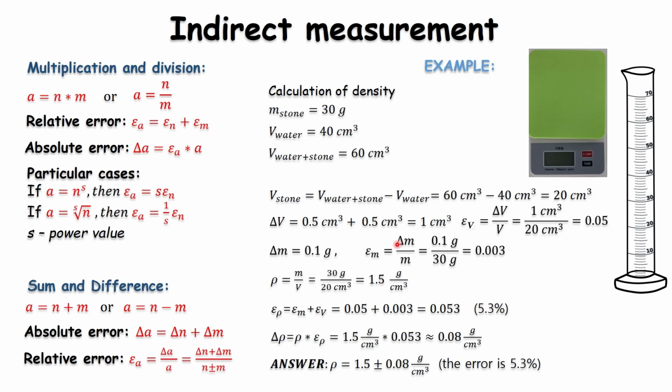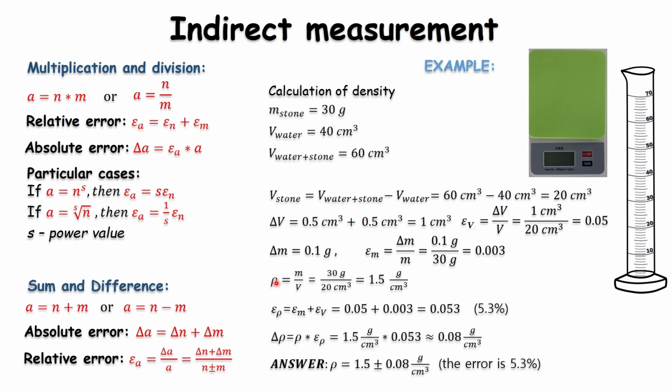We divide the absolute error of mass by the mass of the stone. The mass of the stone is 30 grams, the absolute error is 0.1 gram. So the relative error for the mass is 0.003.